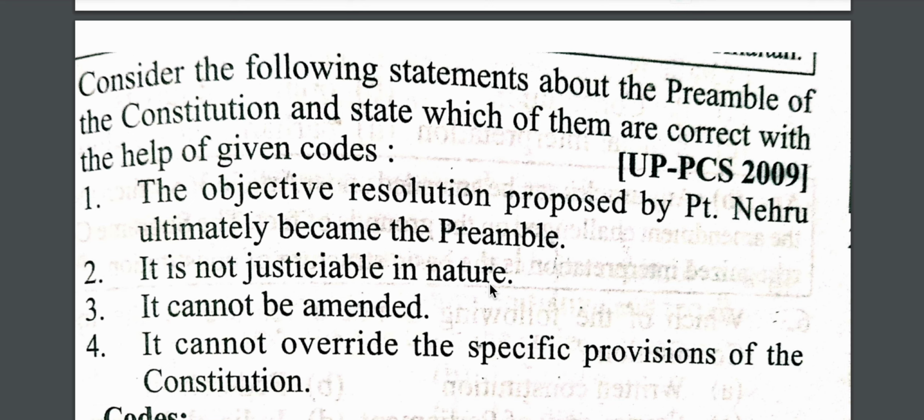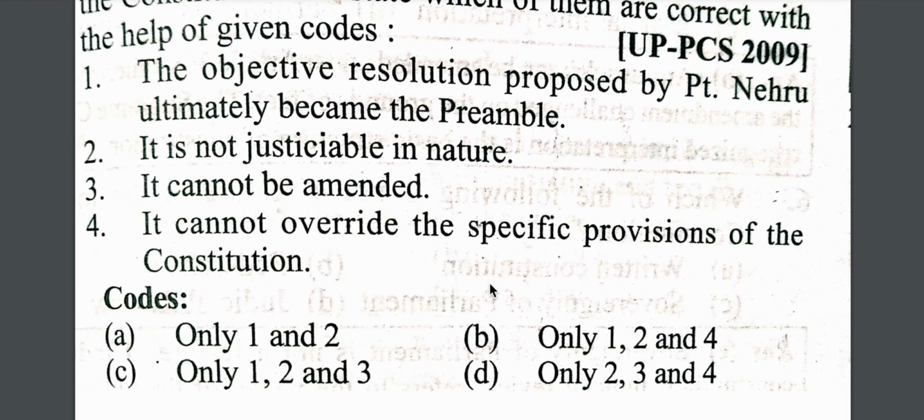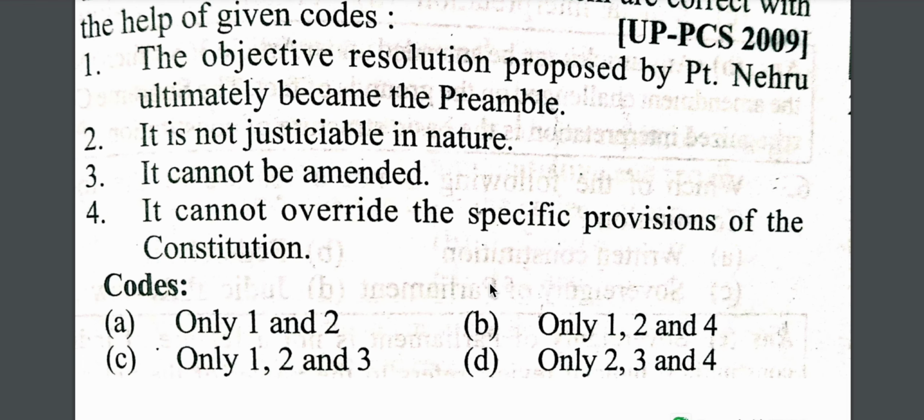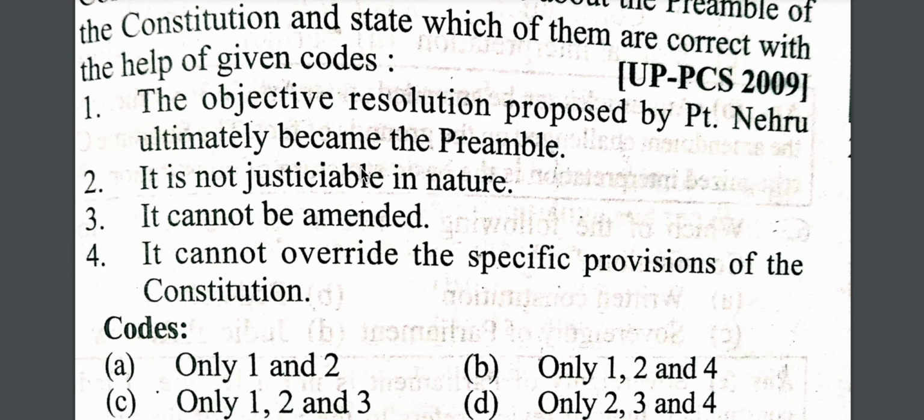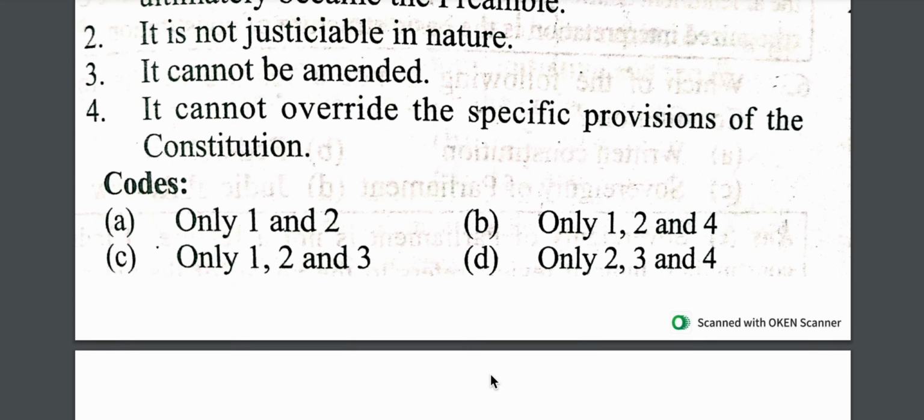So here the correct answer is option B. Only statements 1, 2 and 4 are correct, and the preamble has been amended as per the 42nd Constitutional Amendment Act. So the third statement is wrong. Only option B is the correct answer.